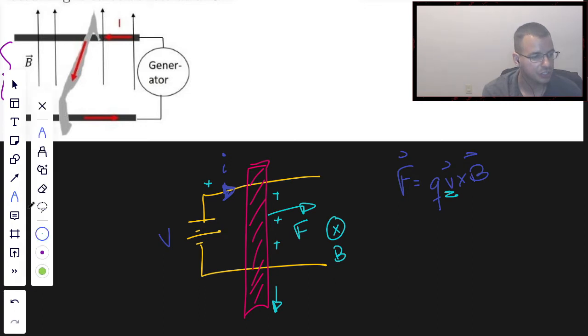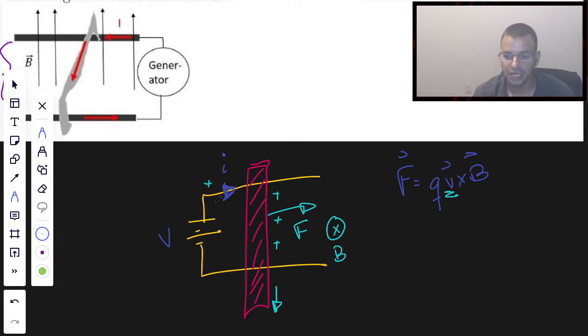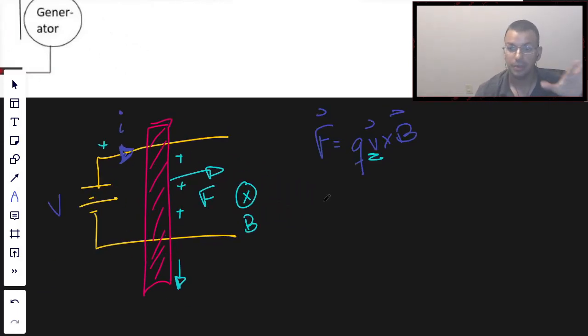Another way of writing this equation, not a proof by any means, just sort of a feel: looking at velocity with dimensional analysis, it's measured in distance over time, meters per second. We're going to take this per second and move it from the velocity over to the q.